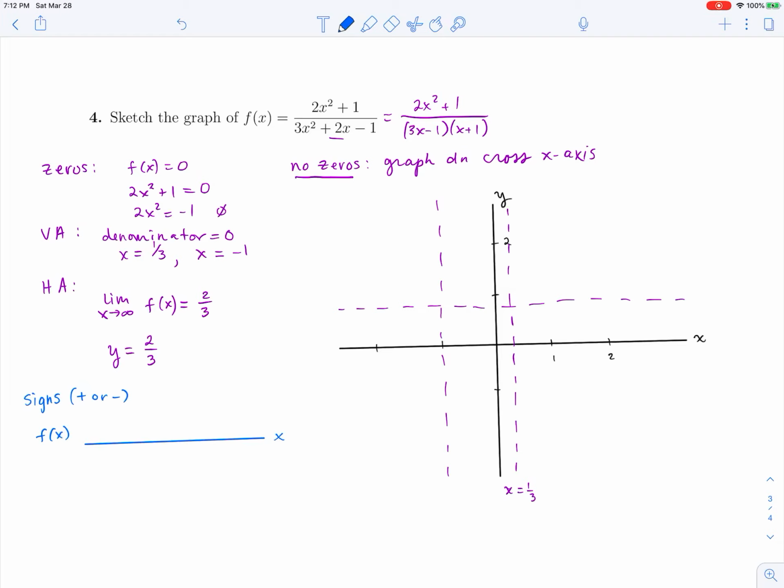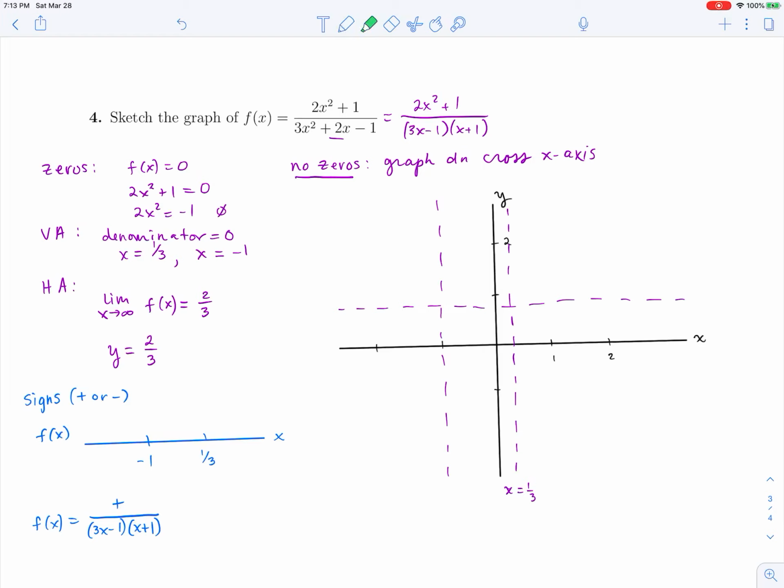So our function, let me rewrite this. The 2x squared plus 1 is always positive, so I'm not even going to worry about that one. And then 3x minus 1 times x plus 1. We can look at those factors because those will vary.